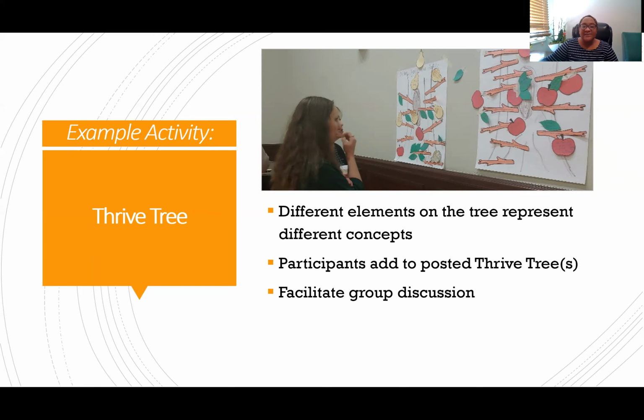You invite participants to add to the Thrive Tree, and then you facilitate a group discussion to make sense of what people added, why they added those. People might want to shift things around or add new things, which can be really generative for your insights.